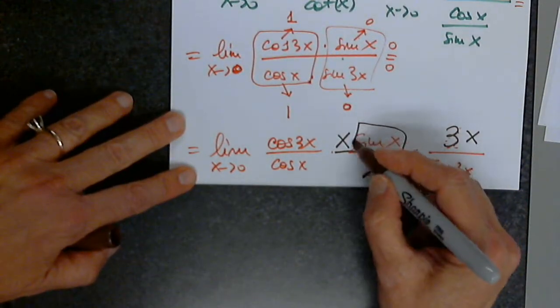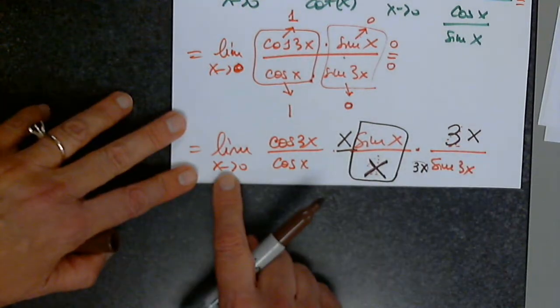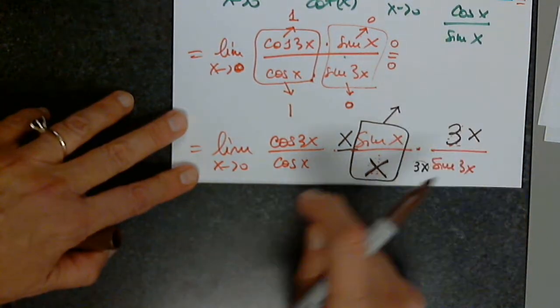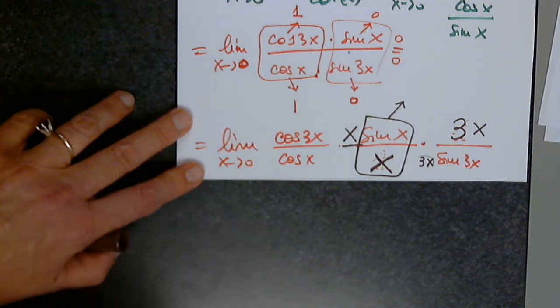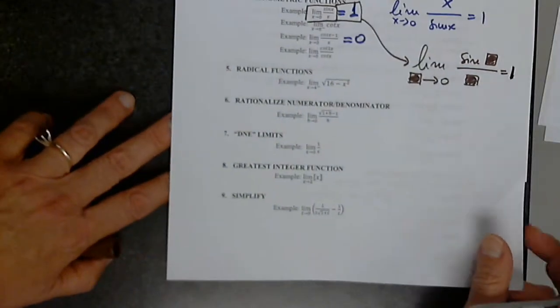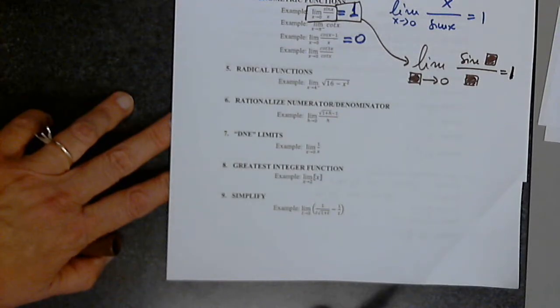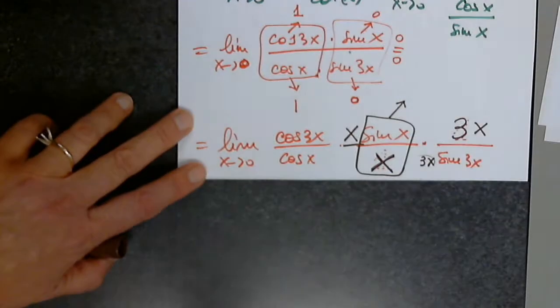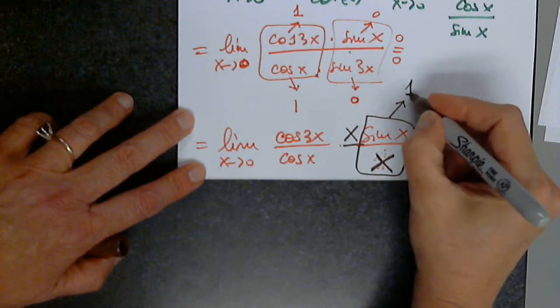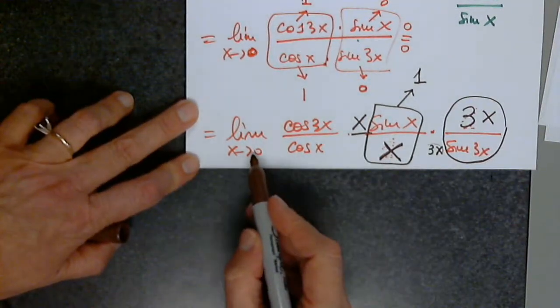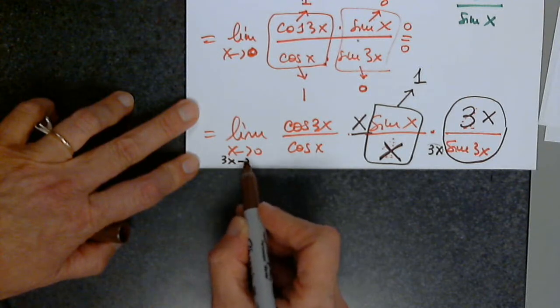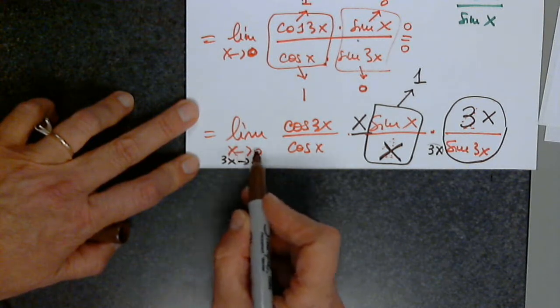So as x approaches 0, where will this go? Good. As x approaches 0, is like saying 3x approaches 0 if you multiply both sides by 3.